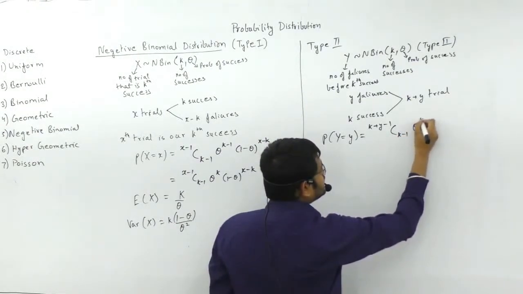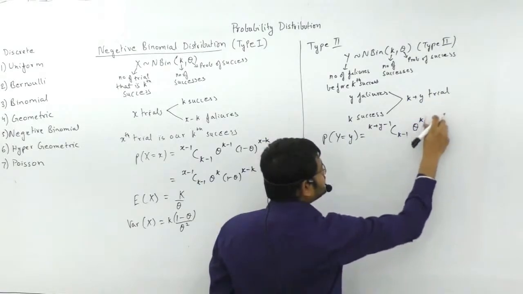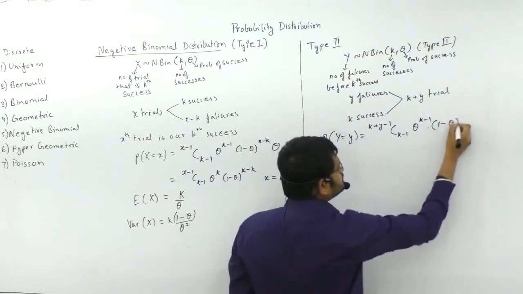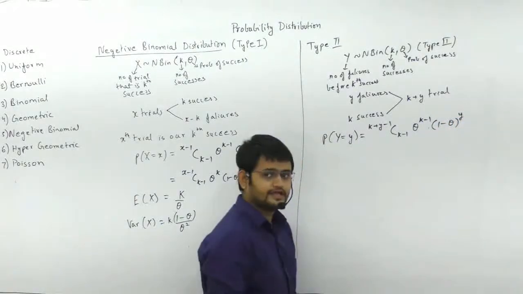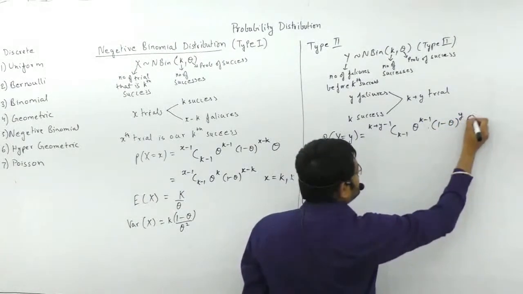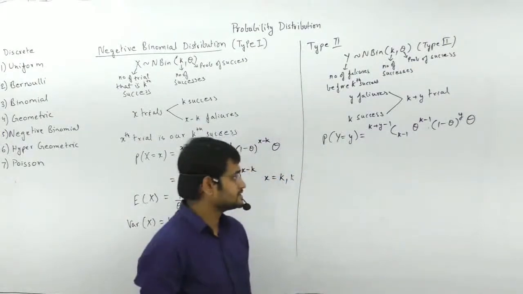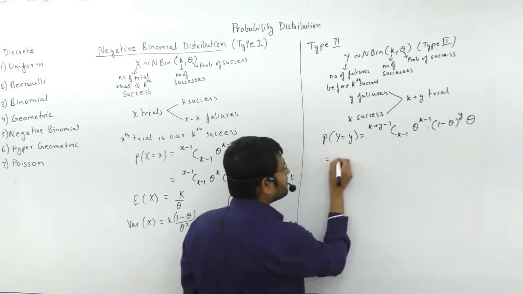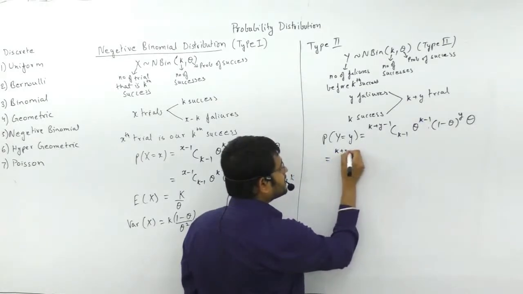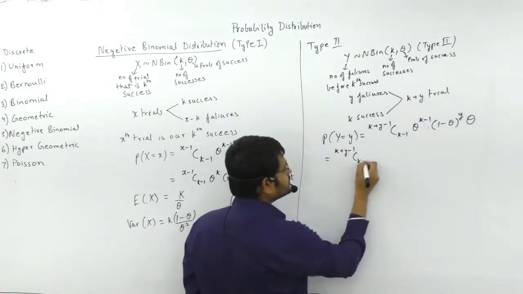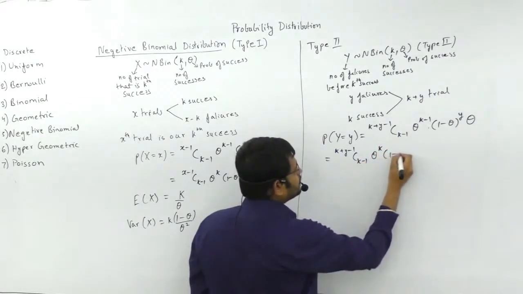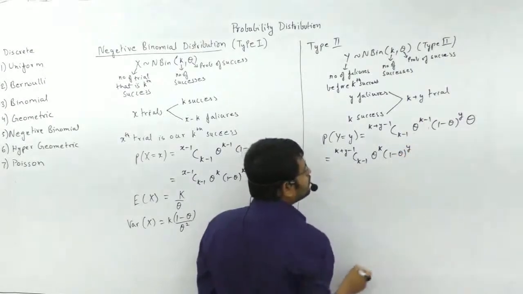Then I will arrange k minus 1 successes, I will arrange y failures, and lastly I will have a success. So I can write this as (k plus y minus 1) C (k minus 1) theta raised to k, (1 minus theta) raised to y.